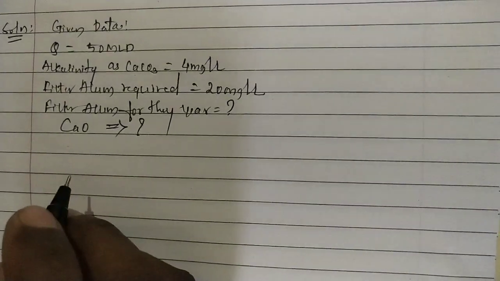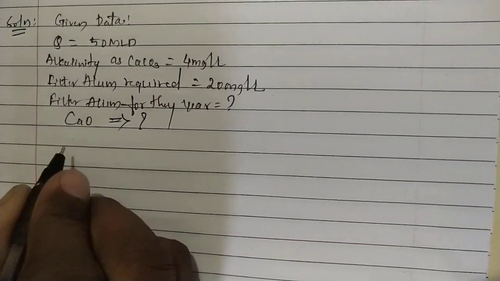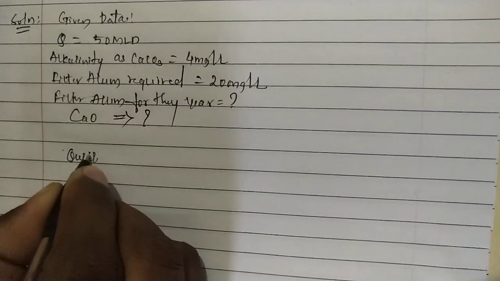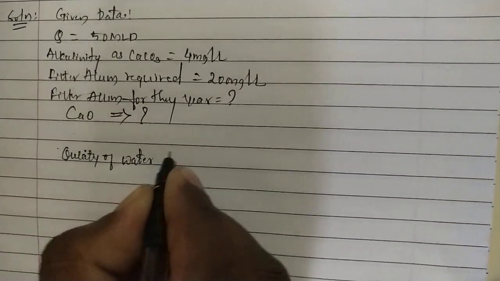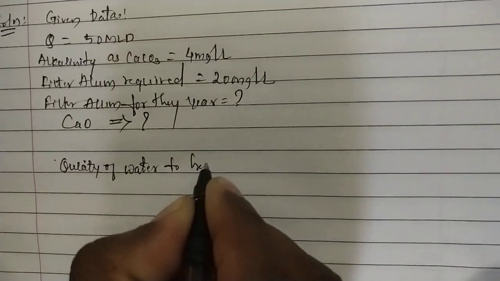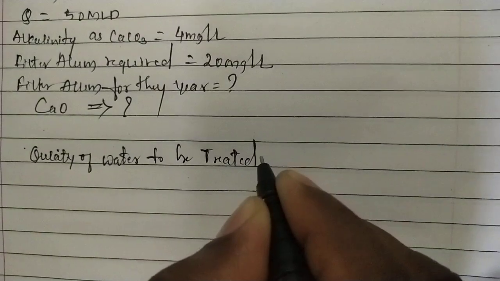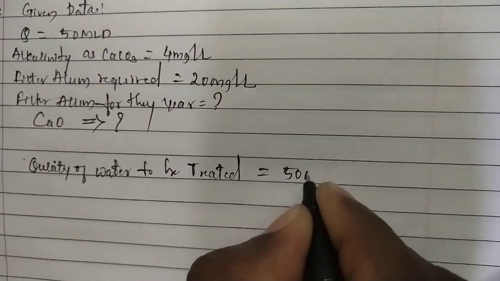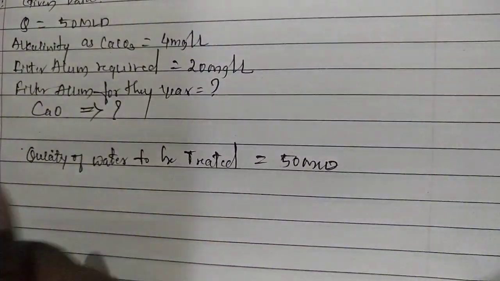Start. First we find out the quantity of water to be treated. This equals how much? 50 MLD. This is the quantity of water to be treated.